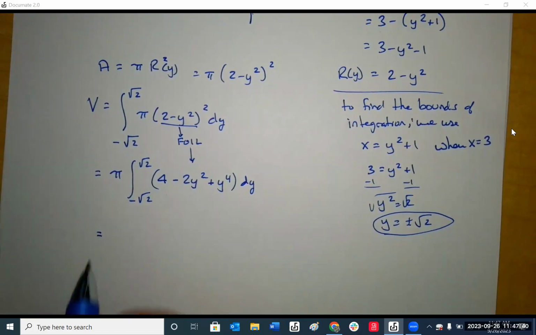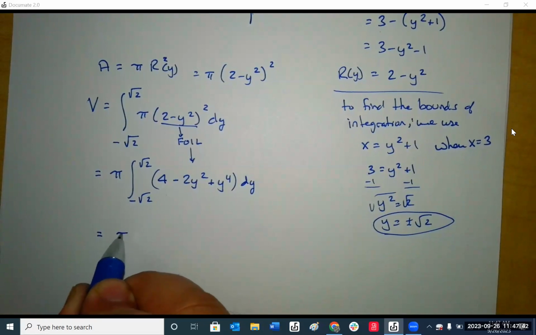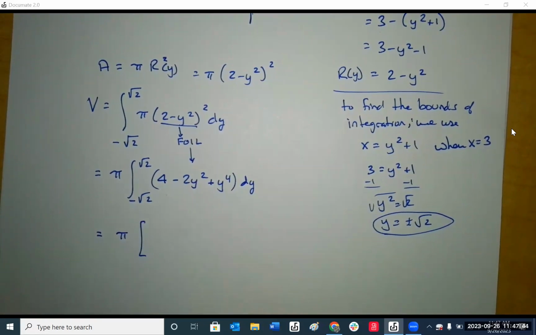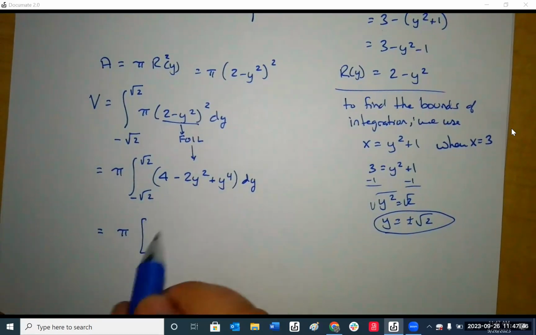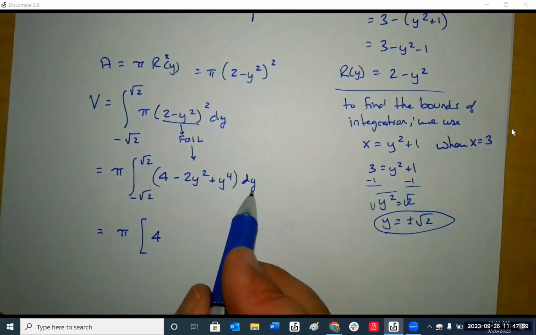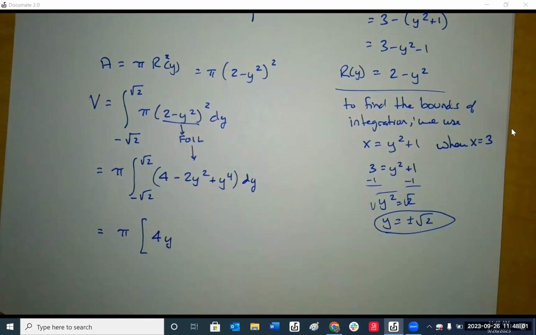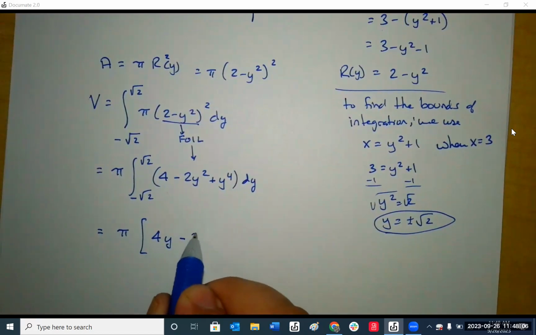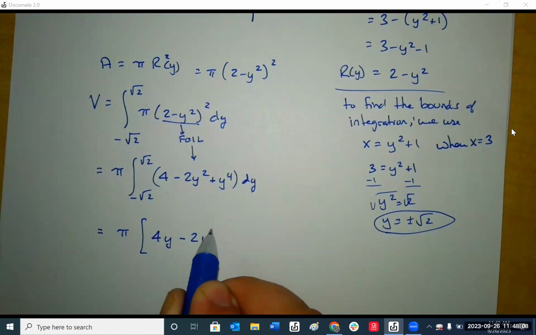Now we integrate each part separately. Four becomes what? Y. Y cubed over 3.